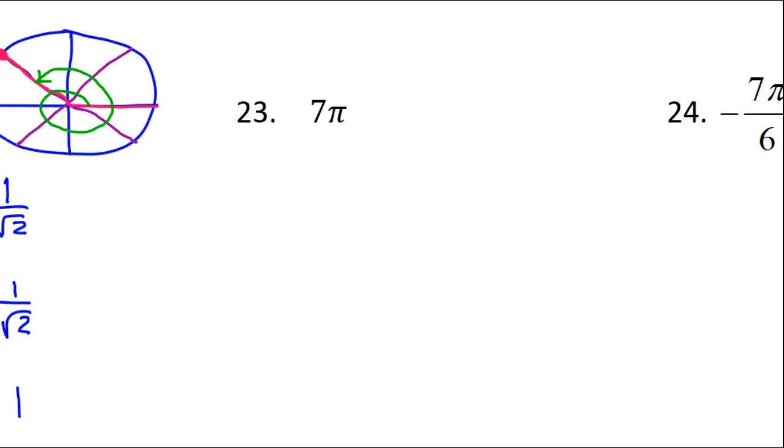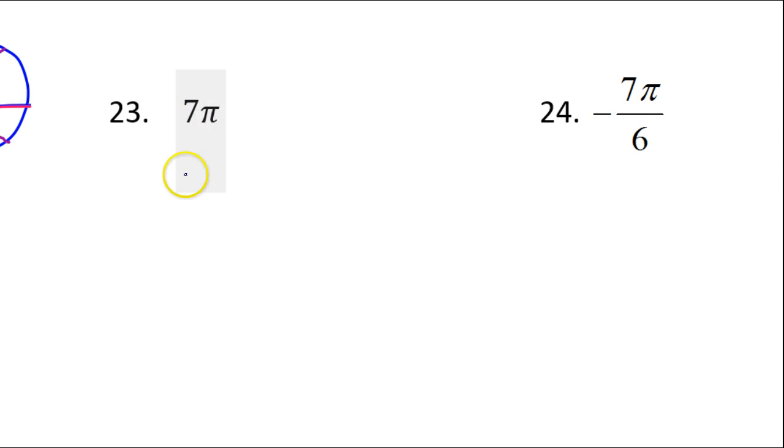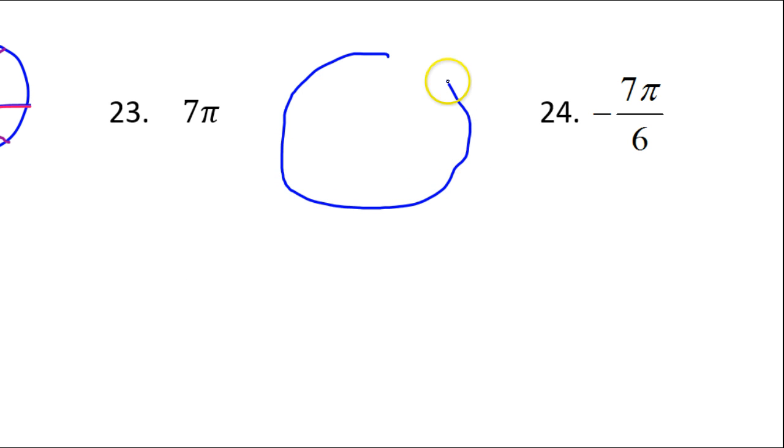Okay, how about number 23? Well, I think this is actually a quadrantal angle. So there won't be any reference angle this time. Instead, we will just use coordinates. So here is pi. Okay, so if this is my initial side, like I always do, this is my terminal side, here's pi.